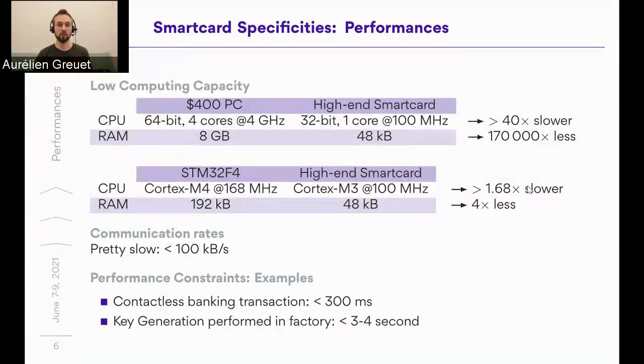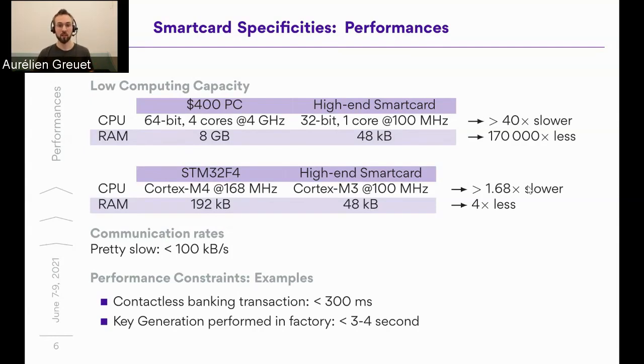And in addition, the computer has more cores, larger registers, and a larger instruction set, so in fact, the smart card is even slower than that. About the memory, a typical computer has at least 8 GB, whereas the high-end smart card has less than 50 kilobytes.